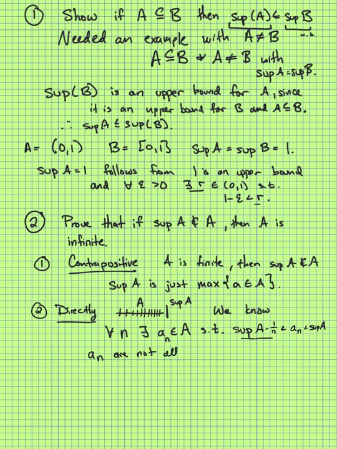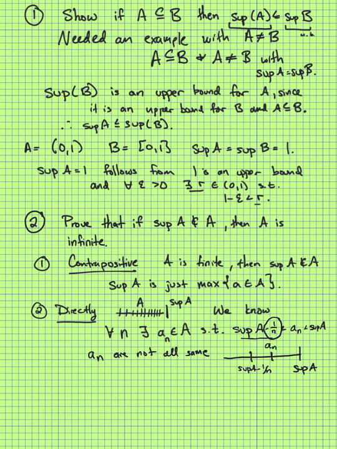are not all the same. In fact, infinitely many of them have to be distinct, right? Because this 1 over n is approaching 0. So if I maybe just draw the picture, I have the supremum of A, then I get sup A minus 1 over n. Here I can find A sub n.